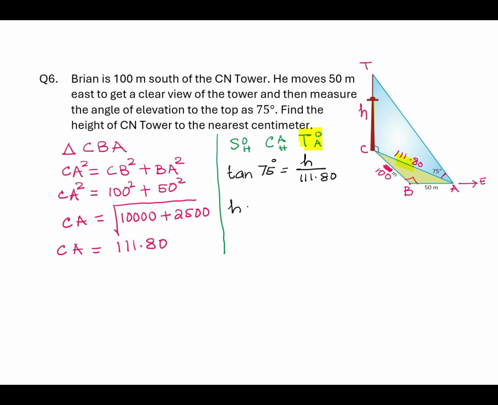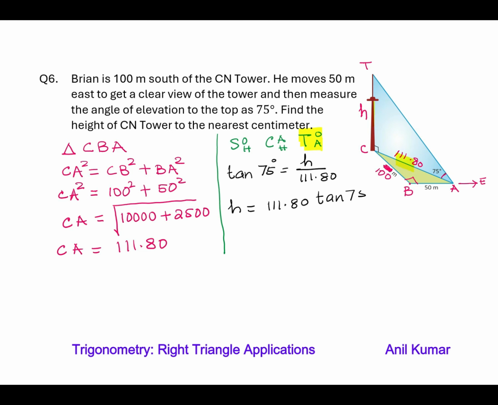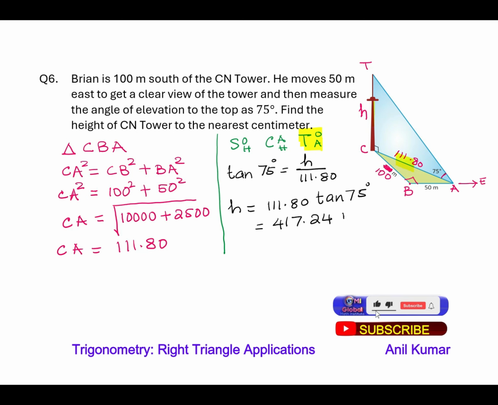So the height h, cross multiply, is 111.80 times tan of 75 degrees. Let's calculate. So we have 111.8 times tan 75. It gives us 417.24. The units are in meters.